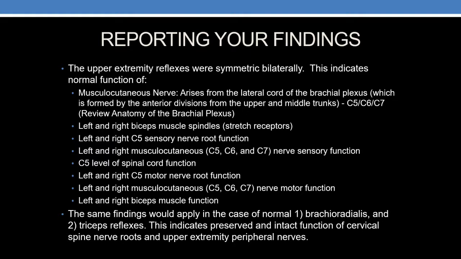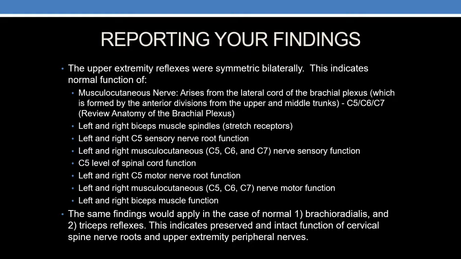It indicates that the left and right musculocutaneous nerves, which are the peripheral nerves in which these sensory neurons travel, are functioning normally. And remember that the musculocutaneous nerve is made up of nerve roots from C5, C6, and C7.